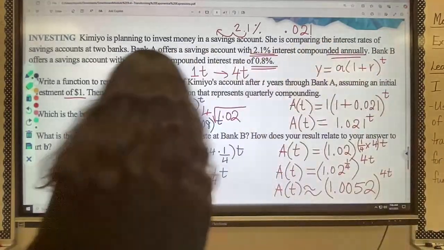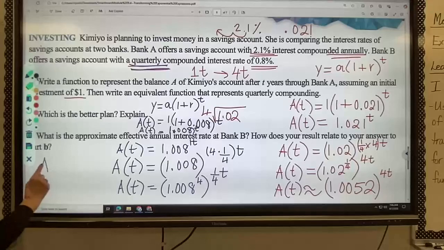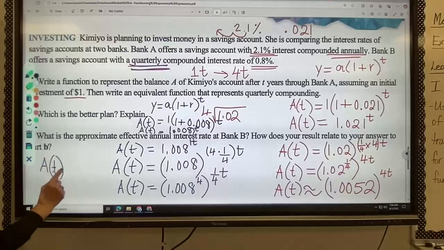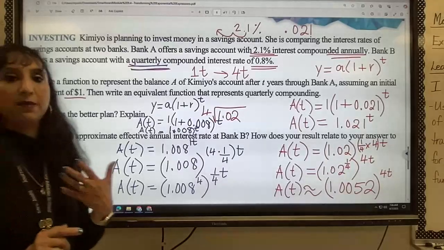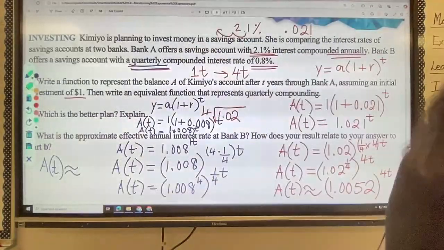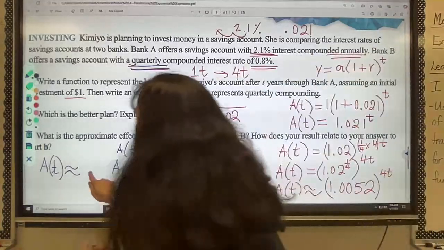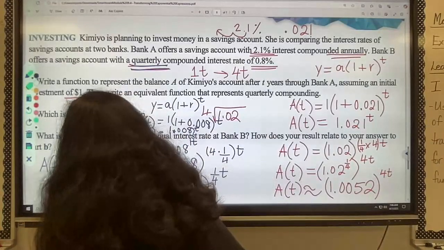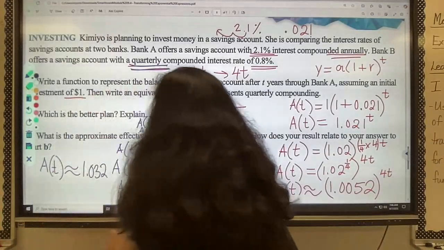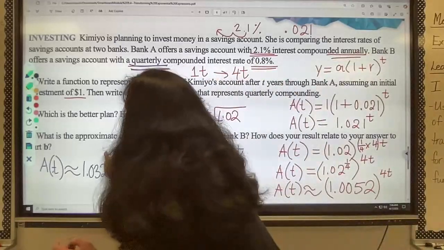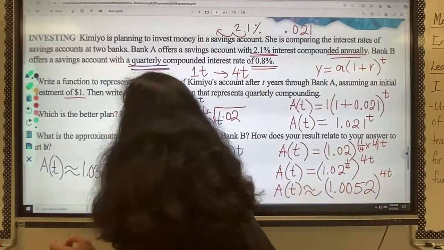Then when I simplify this, let me write it over here. A of t, and I'm simplifying this, and I can round it after I get my results, and I get 1.032. As you can see now, I have my 1/4 t over here.